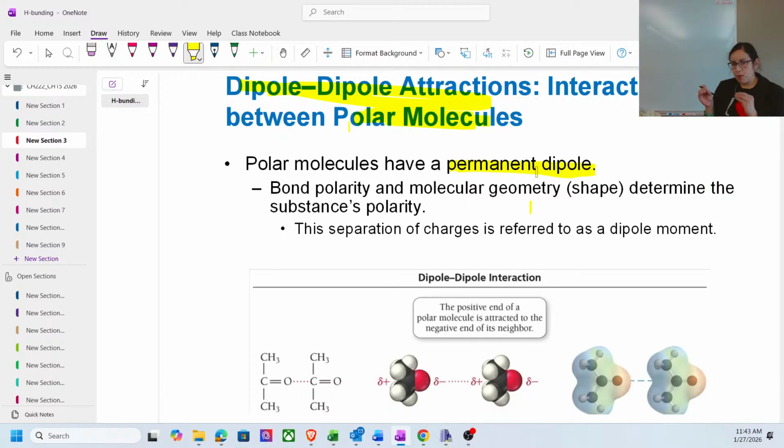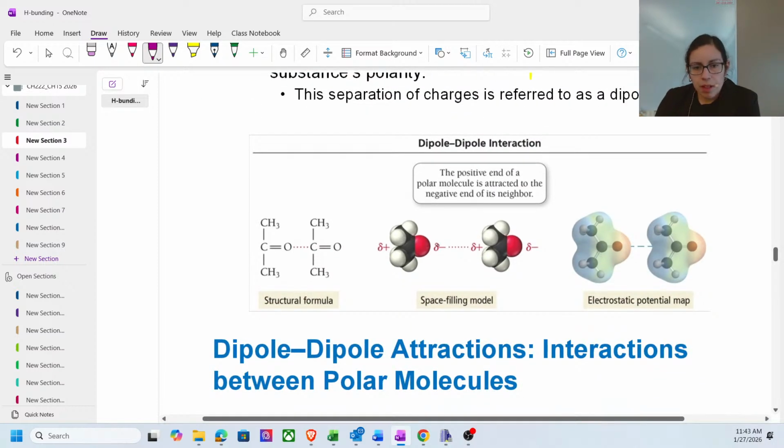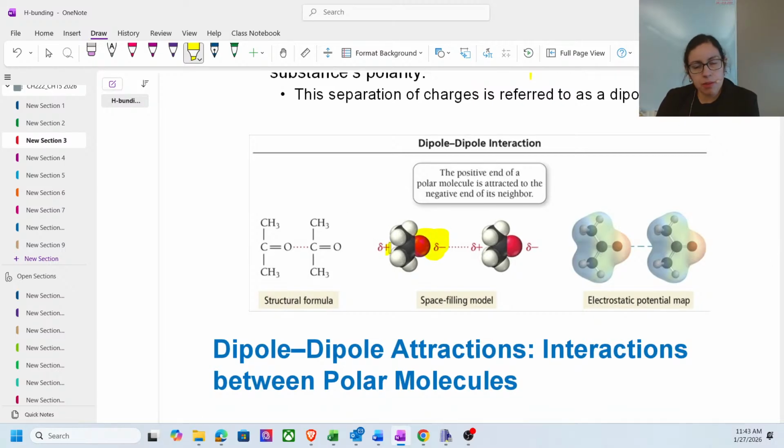If it has a permanent dipole, that means that it always has a region of high electron density combined with a region of lower electron density. So it always has these attractive forces between other polar molecules.